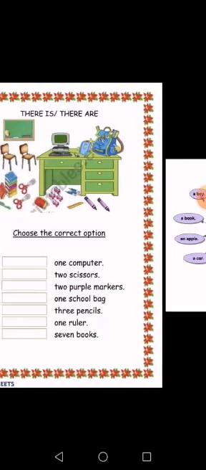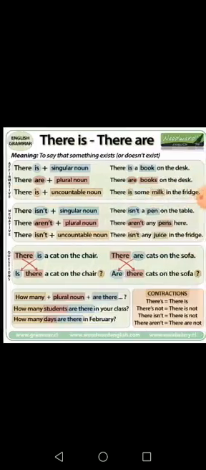Okay, student, and to make it negative we add the word "not." There isn't or there are not. We use it to describe rooms or pictures or to say that something exists or does not exist. Okay, student, here we have questions.